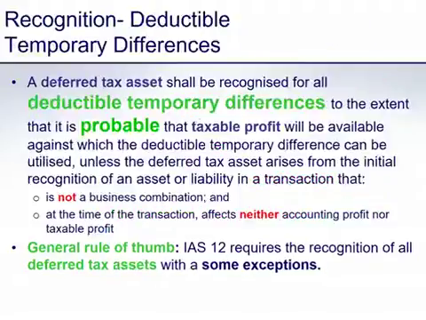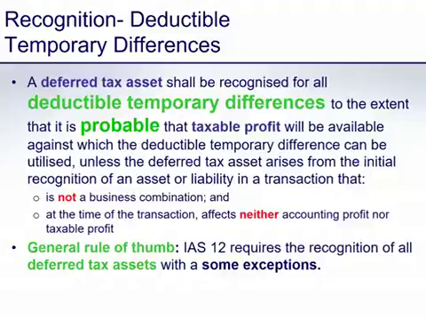Similarly, IAS 12 also requires all deductible temporary differences to be recognized as deferred tax assets, but again, to the extent that the deferred tax asset does not arise from the initial recognition of an asset or liability in a transaction that is not a business combination, and at the time of the transaction there's no impact on accounting profit or taxable profit.